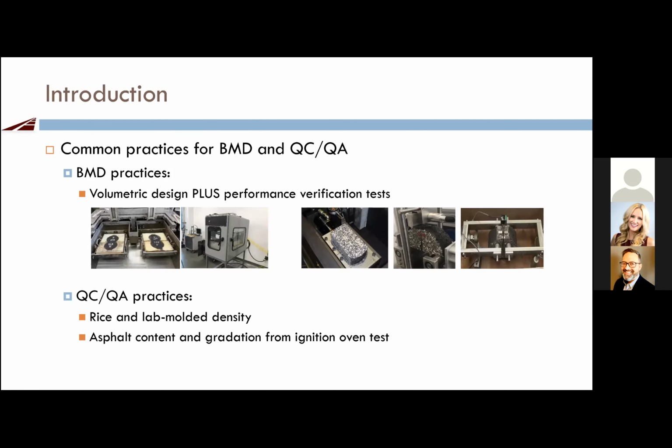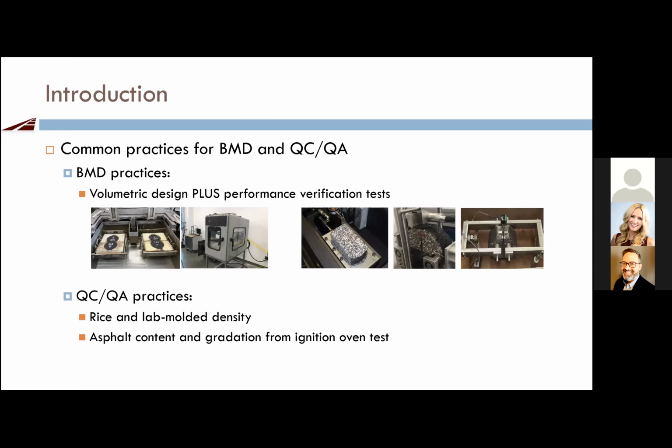Again, the introduction here talks about practice for balanced mix design and QC/QA. For balanced mix design practices right now, most DOTs, I think, are using volumetric design, Superpave volumetric design, plus performance verification.